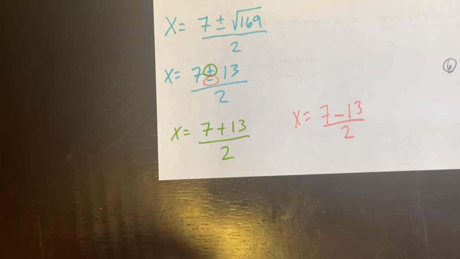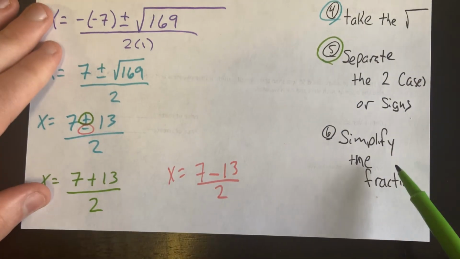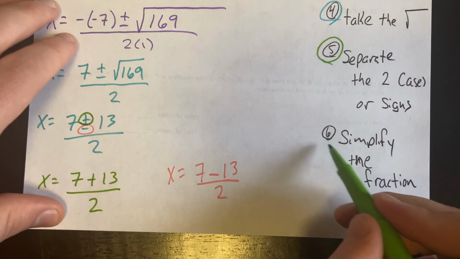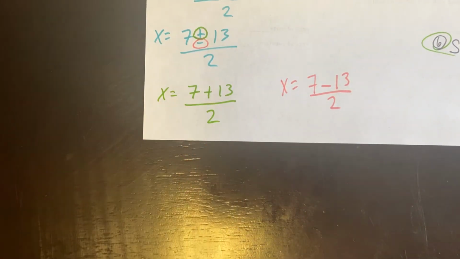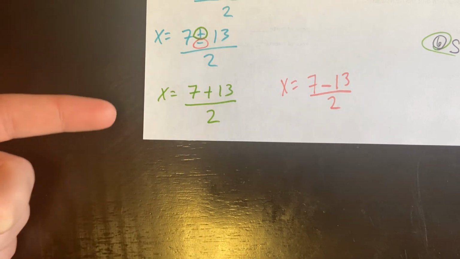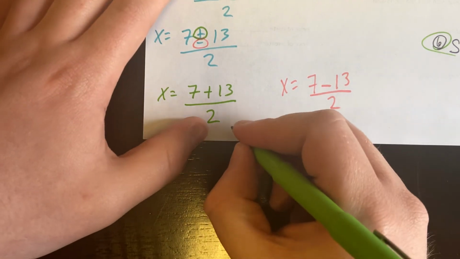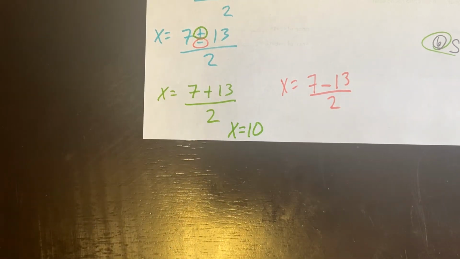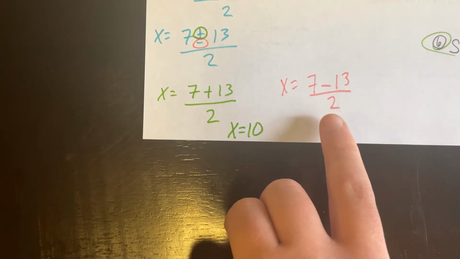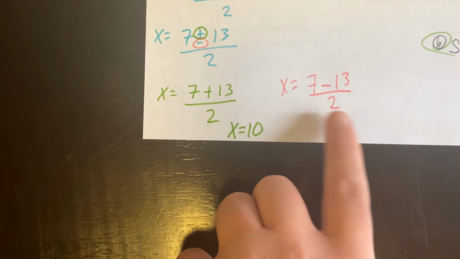So now, our last and final step, once we have our fraction, go ahead and simplify our fraction. So the first value, I have 7 plus 13, which is 20. 20 over 2, x is 10. The same kind of situation is going on over here with the pink guy. We have 7 minus 13.